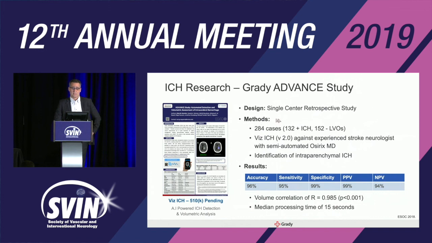So what you have done here is we have analyzed 284 cases, out of which you had 132 cases of intracerebral hemorrhage, and then you compared the identification and the automated software performance with the experienced stroke neurologist and the semi-automated measurements done on Osirix.